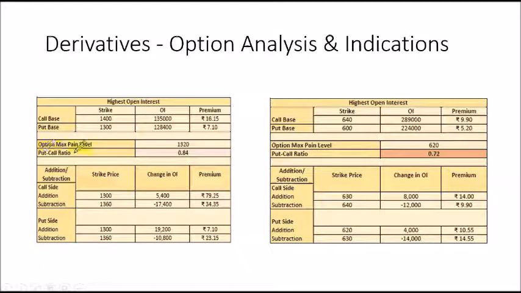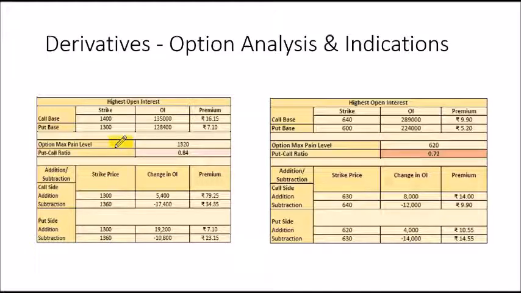And option max pain is nothing but one theory which says that the stock on expiry will close near these levels.